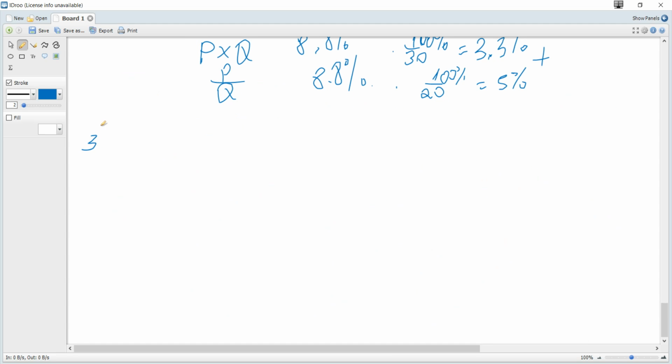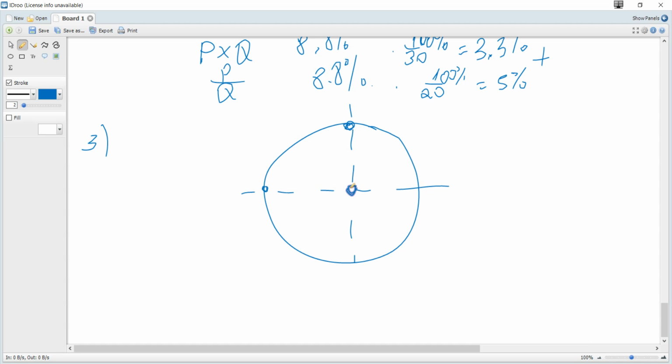The third question: a car travels clockwise around a circular track of radius r. What is the magnitude of displacement from x to y? So it is moving in a circle from x to y. What is displacement?